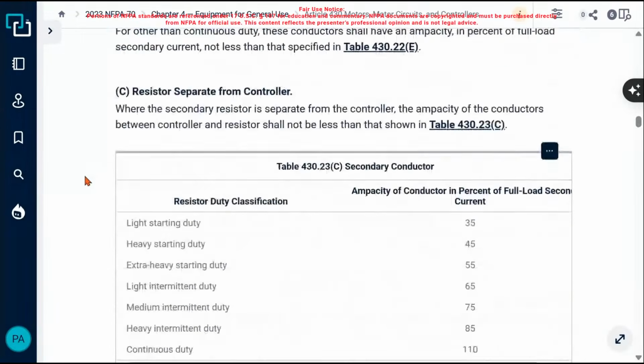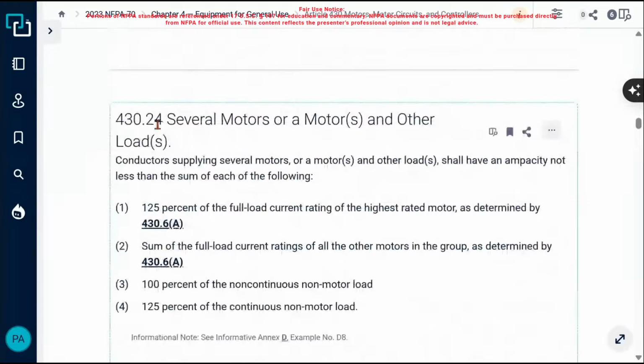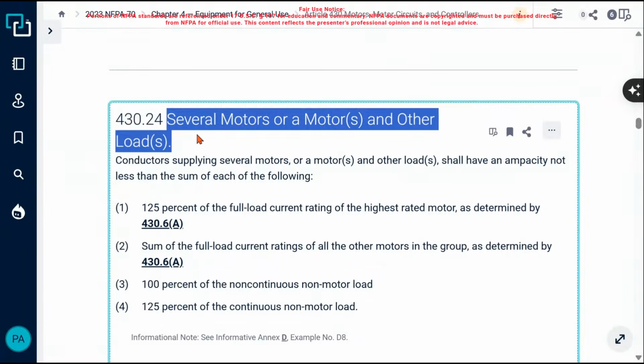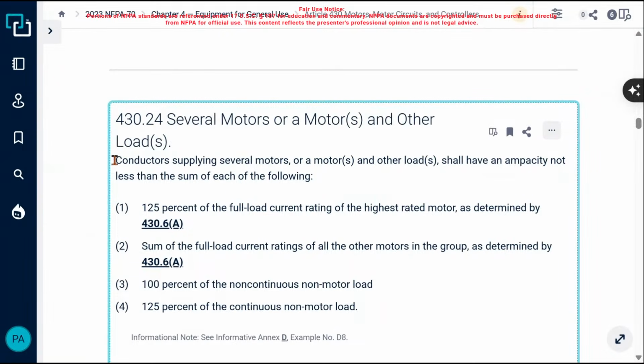Keep on going. Boom. Several motors or motors and other loads, okay? Because you could have a motor and another load, or you could have multiple motors. In our case, we have multiple motors. Now, what does it say?